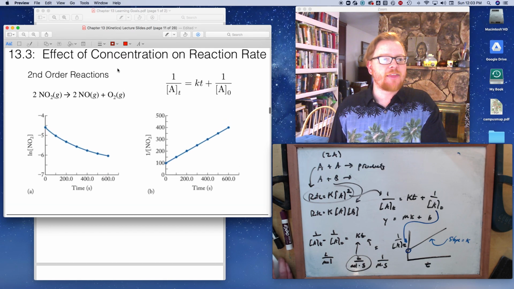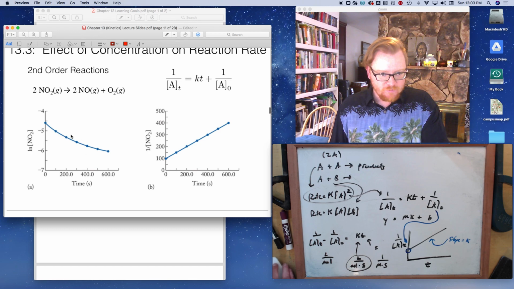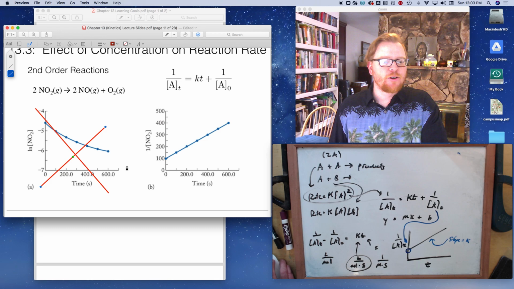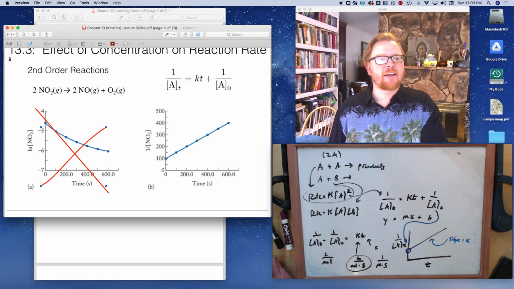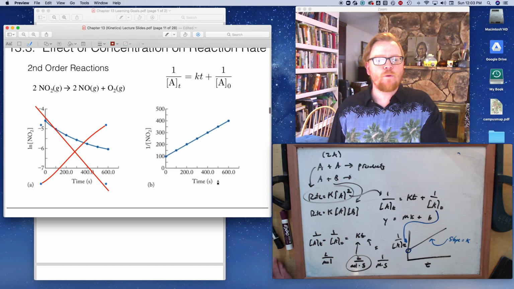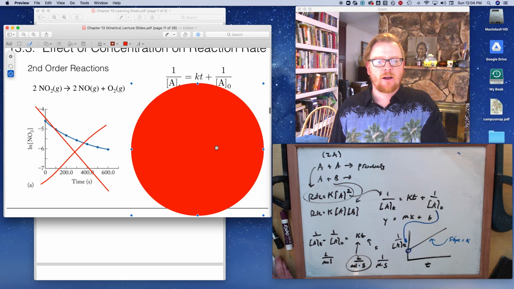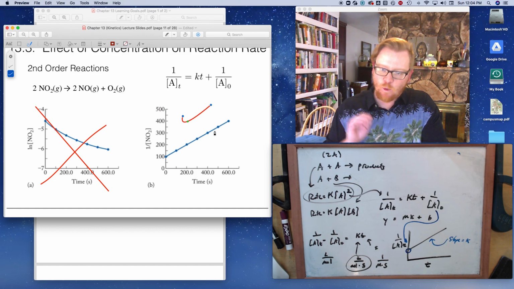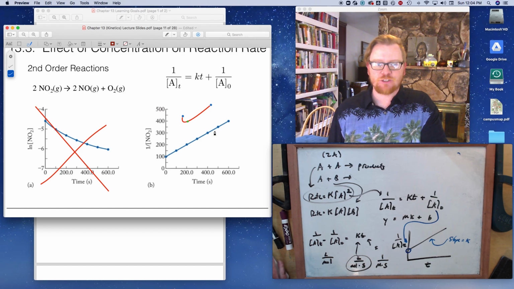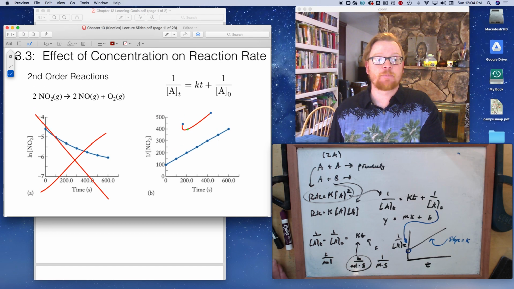The fact that this did not result in a straight line tells you no dice, it's not a first order reaction. Now when you plot 1 over concentration versus time, I'll do a check mark and say, yep, that checks out. That gave me a straight line. This tells me this has to be a second order reaction.